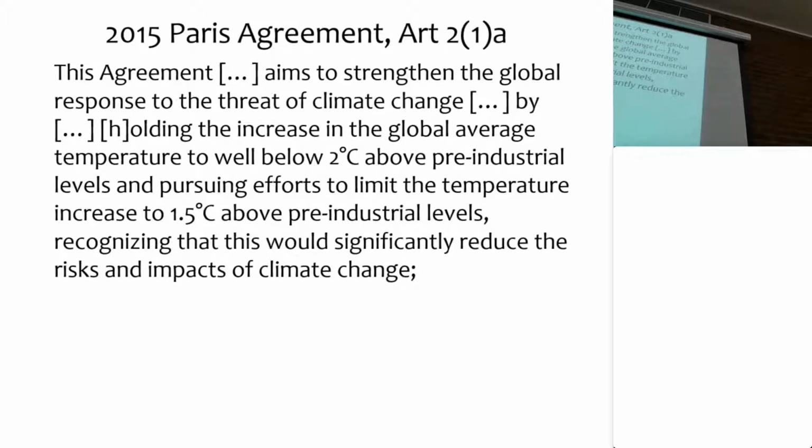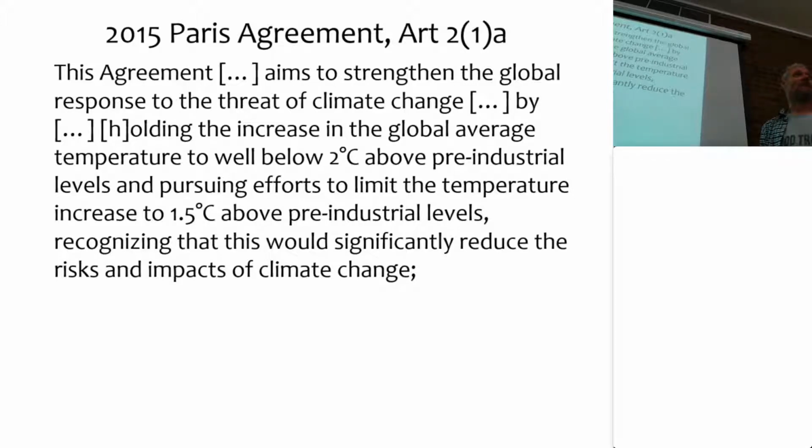And Article 2, 1a of the Paris Agreement says that this agreement aims to strengthen the global response to the threat of climate change by holding the increase in the global average temperature to well below 2 degrees above pre-industrial levels and pursuing efforts to limit the temperature increase to 1.5 degrees above pre-industrial levels, recognizing that this would significantly reduce the risks and impacts of climate change.